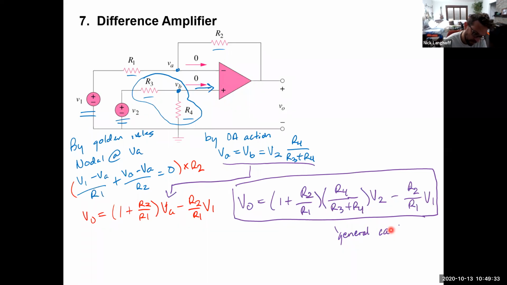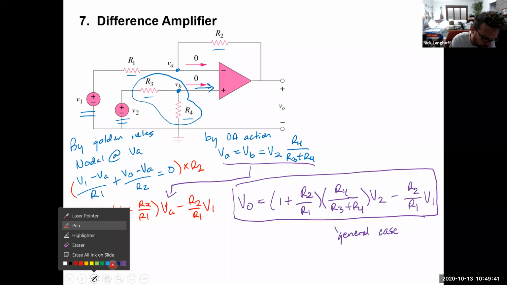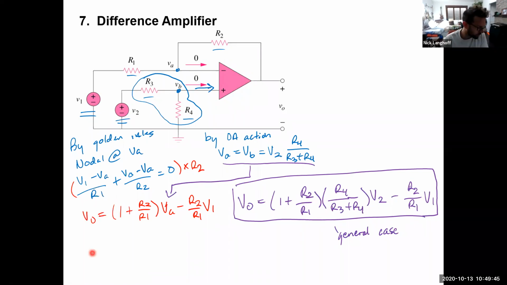The general case. Okay. Now, just to practice using superposition, I'd like to show you how you could do this same analysis by superposition.